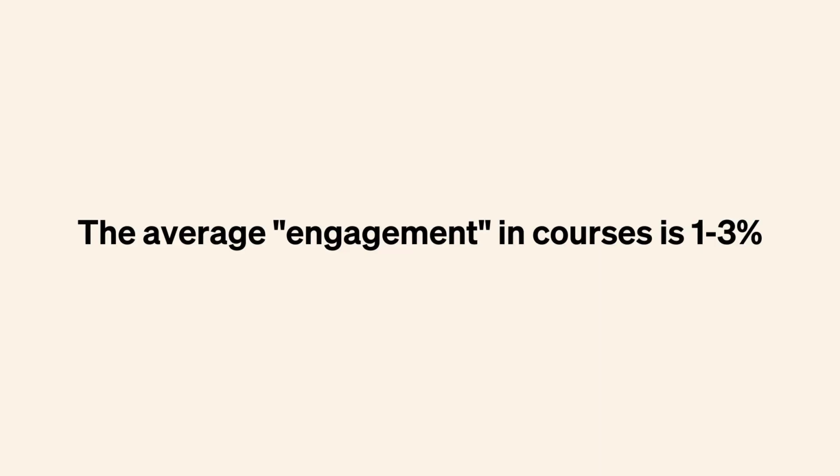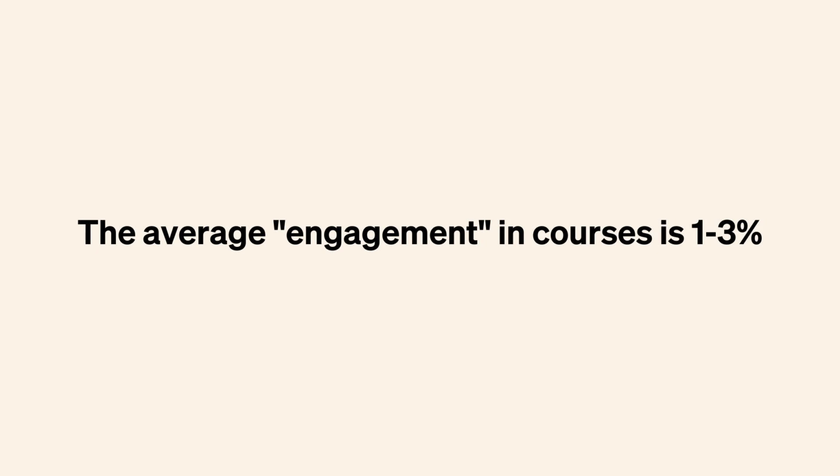But if we want to look at the data, which we're all researchers and we're geeks and we want to base our information on data, it's important for you to understand that when I say engaging, meaning a customer is actually doing the thing, then the average out there that you can find is based off course completion again, but the average course completion, aka engagement, is about 1 to 3%.